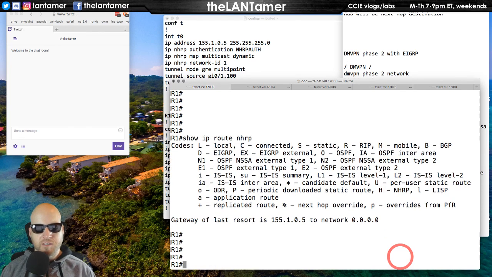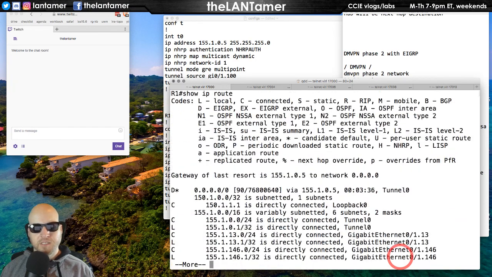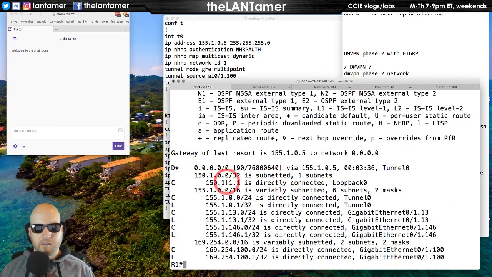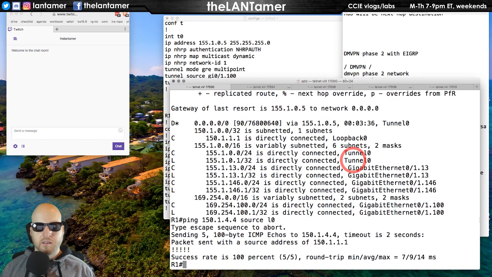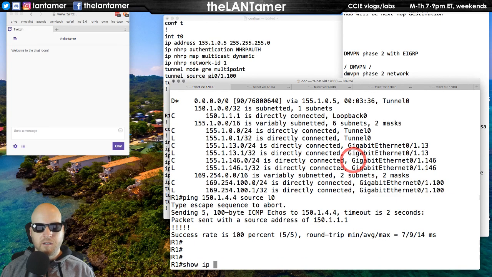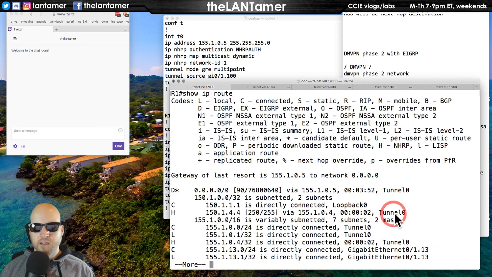Let's just do show IP route. Yeah, so we only have a default again, and if we do ping 150.1.4.4, we now have, and that happened pretty quickly, right? Interesting, the administrative distance.